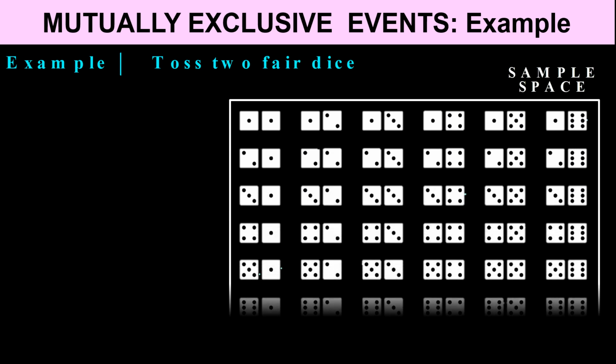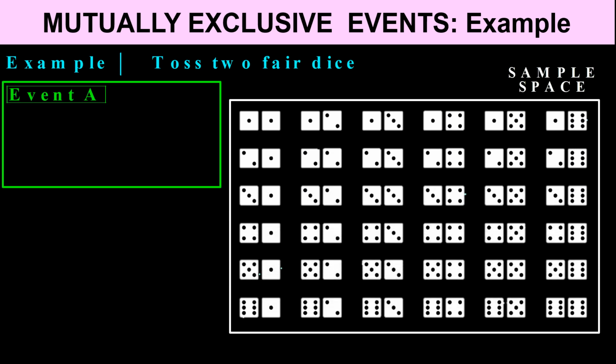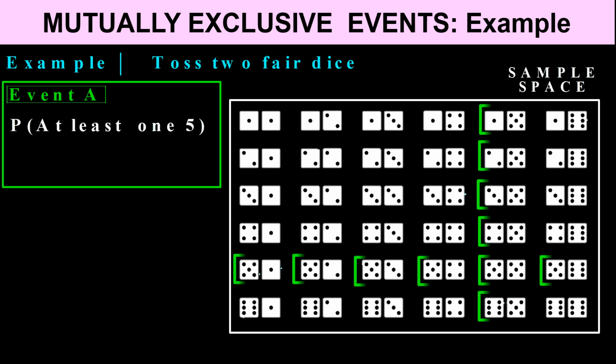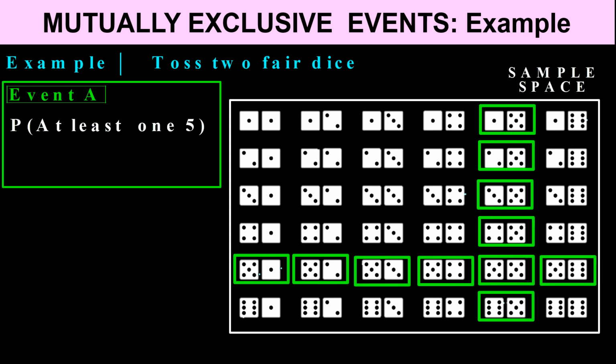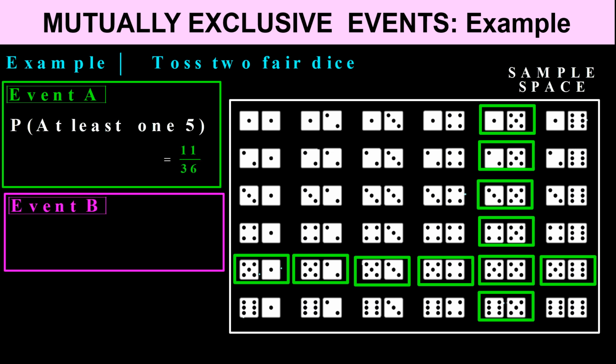Now let's look at the example of tossing two fair dice. There we have our sample space, which consists of 36 outcomes. Let's consider the event A, where we have at least one 5. Can you see where we have at least one 5? That's correct. Those are the cases where we have at least one 5. And how many of them are there? 11. So the probability is 11 over 36. Next, we want the event of getting a sum of less than 4. If I look at the sum there, 1 plus 4 is 5.